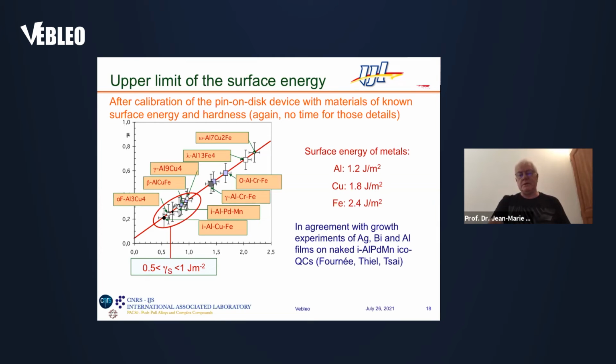Of course, in literature, you find other approaches using more sophisticated ultra-high vacuum techniques, but they also give values for the surface energy which is significantly below that of aluminum, which is the major constituent.